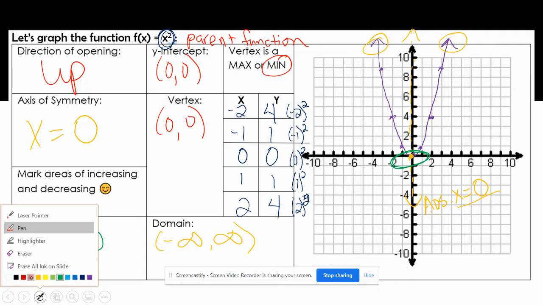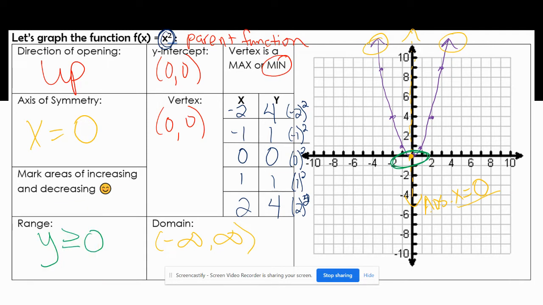And last but not least, it's asking us to mark areas of increasing and decreasing. As you're tracing the graph from left to right, is your graph going up or down? On the left, if I'm tracing this graph, my marker's going down here, and so this is going to be decreasing.